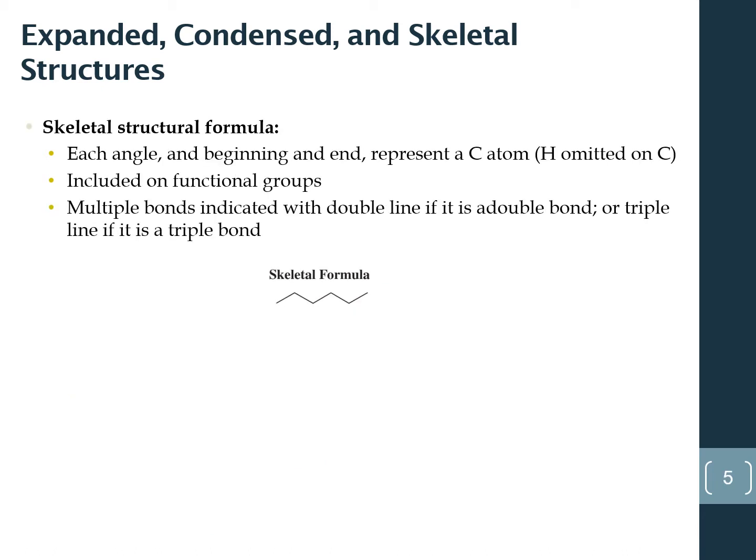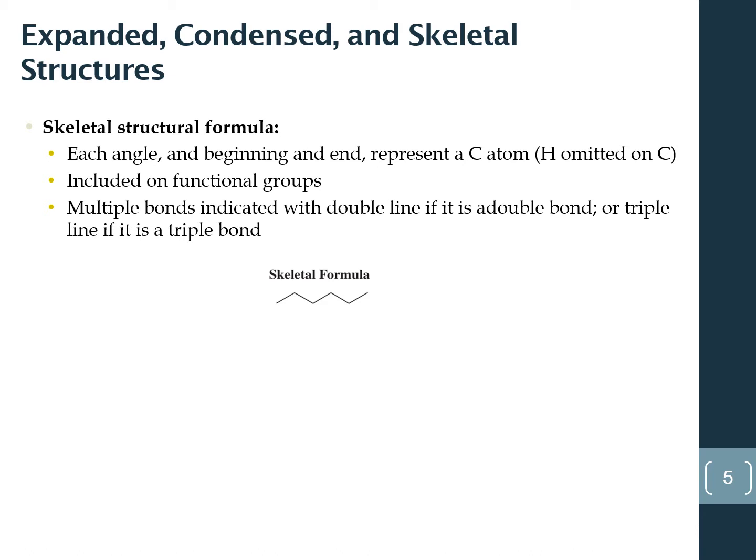Now the last type of formula that we have is the skeletal one. This one is the one that gives you the least amount of information that you can actually see. You have exactly the same information, but it's represented in a much more simplified way.